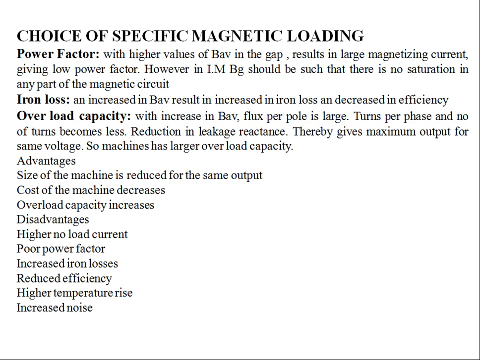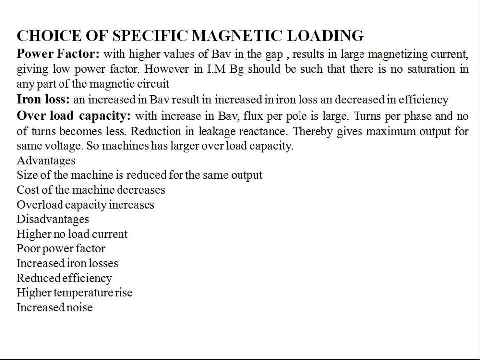As we have seen even in the specific magnetic loading for DC, with high values of the flux, it leads to more iron losses. So an increase in specific magnetic loading results in increased iron losses and the efficiency is reduced. And then the next factor is the overall overload capacity.